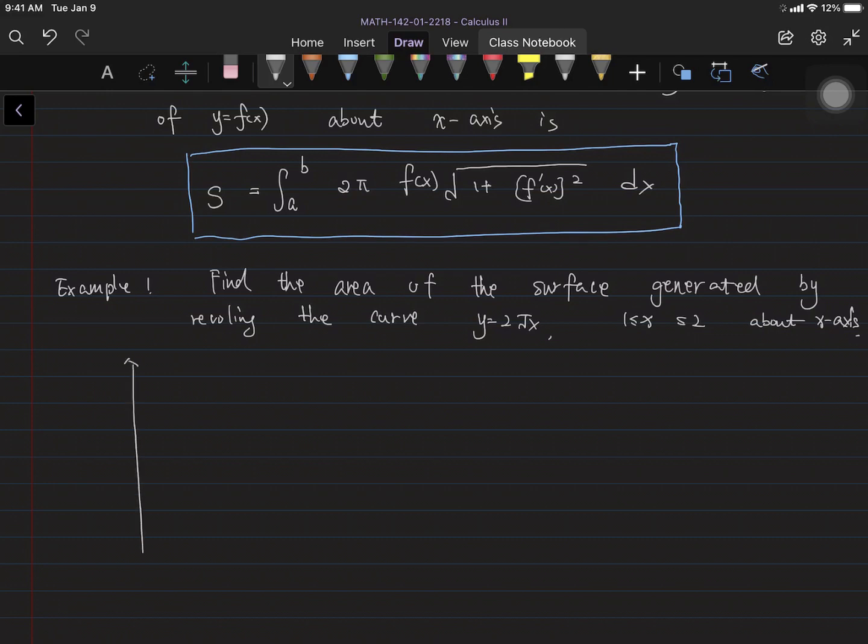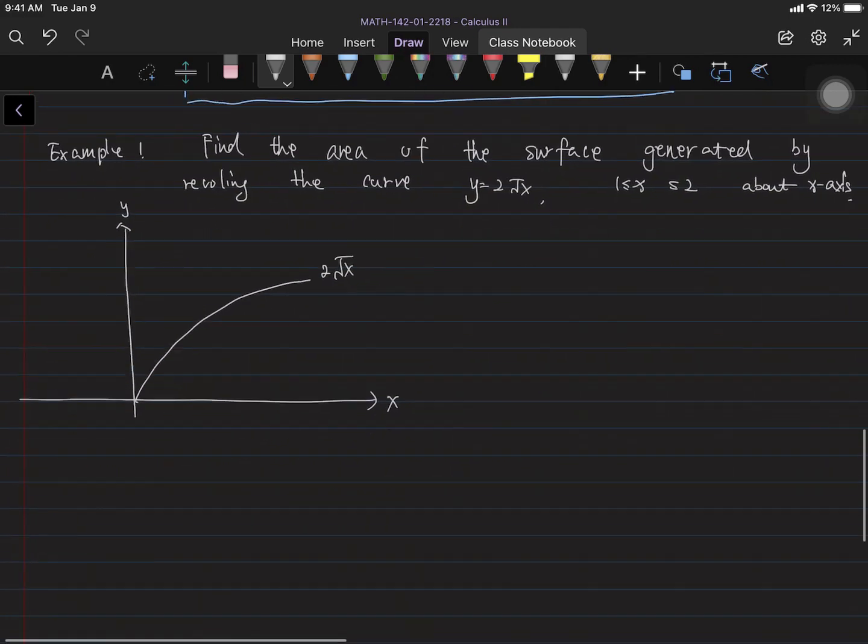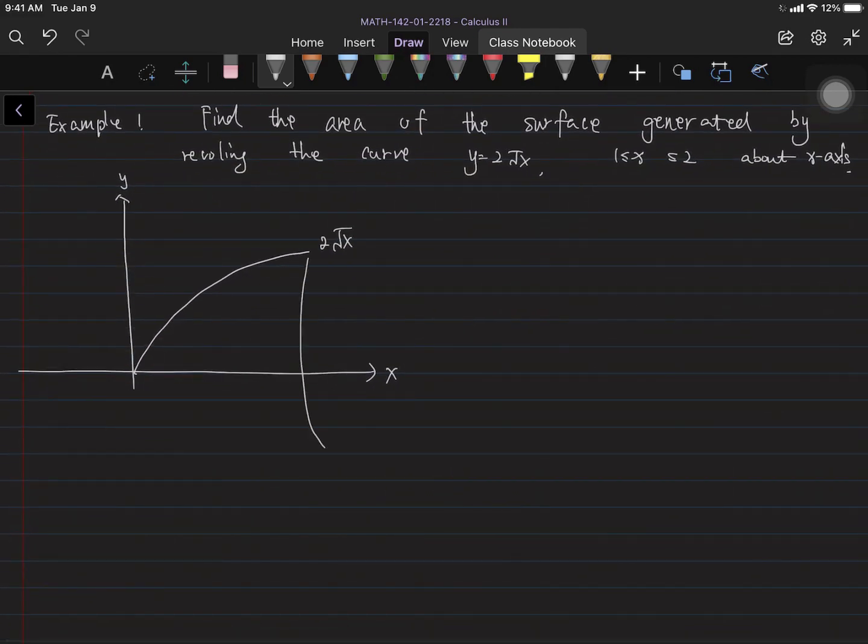Firstly, let's draw the graph. 2 root x looks like this, x and y, and then we rotate this about the x-axis. In the future, the graph is not necessary, but here we just want to take a look. Now let's set up the definite integral.